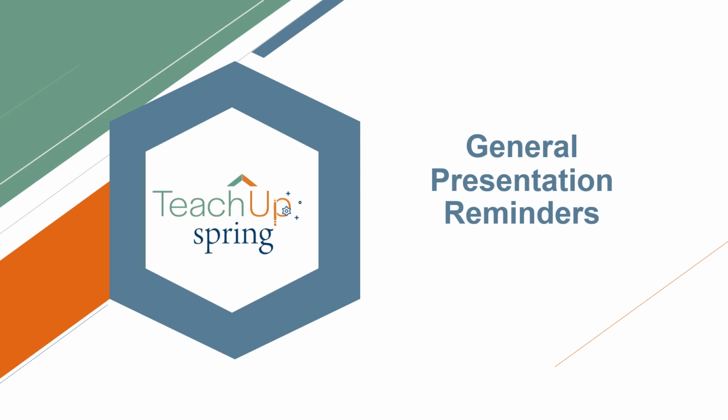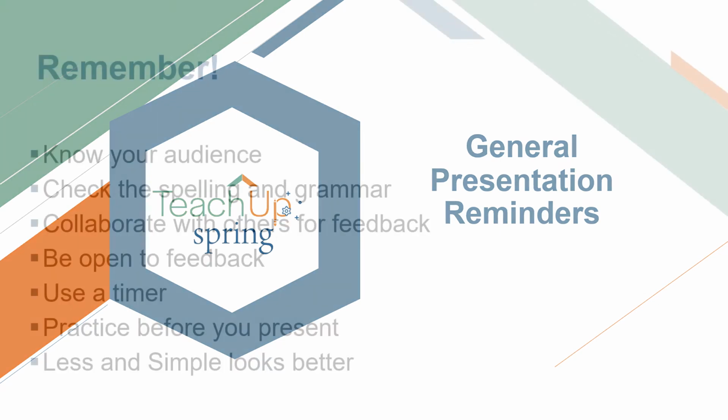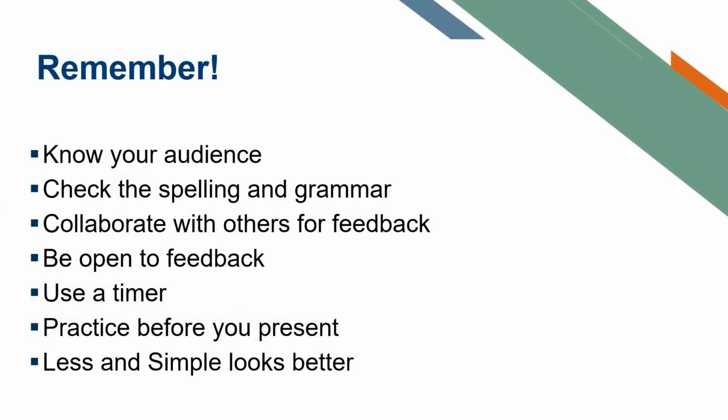So I want to begin to bring us to a close with a few general presentation reminders. It is very important to know your audience, be cognizant, be aware of your audience that you are presenting to as you create your presentation and as you plan the tasks, the activities, the content within your presentation.